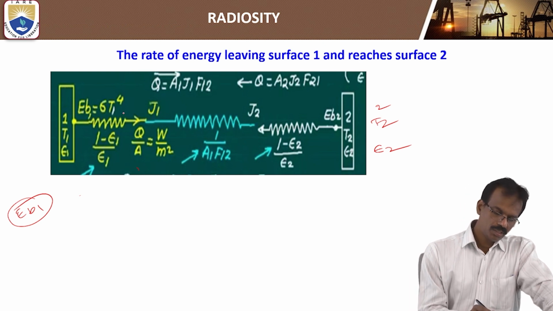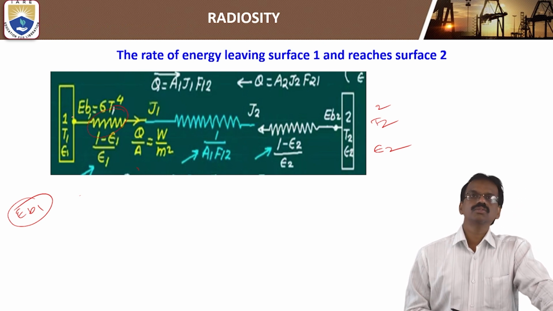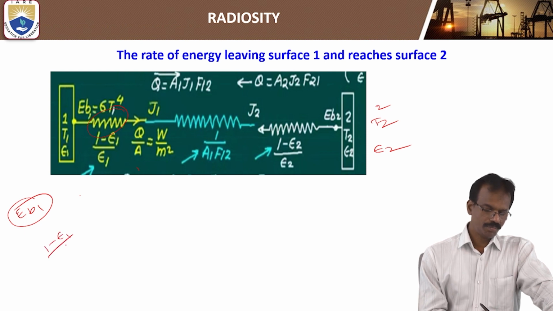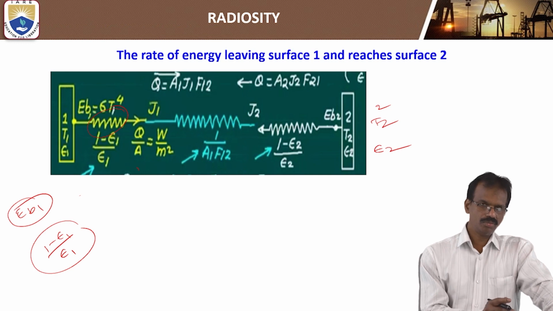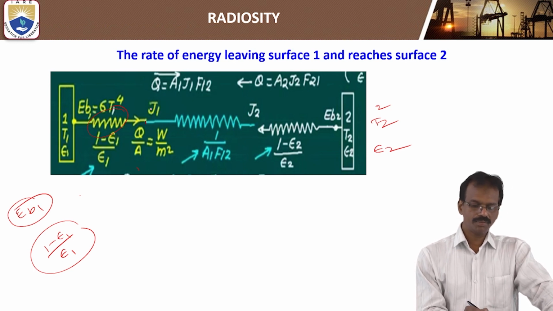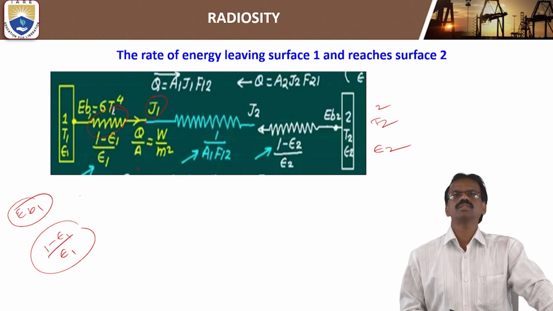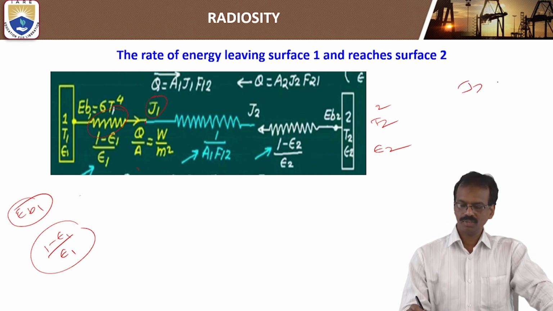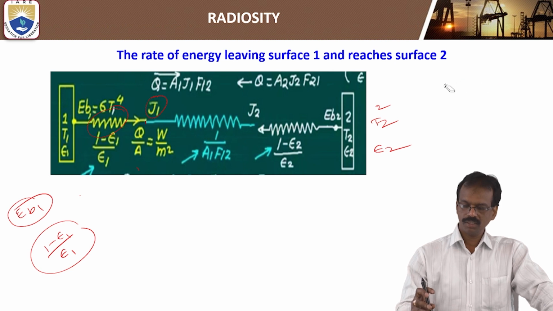Then we will face the surface resistance, 1 minus epsilon 1 by epsilon 1. By the effect of this surface resistance, the emitting energy will be converted into radiosity, that is represented by J1.